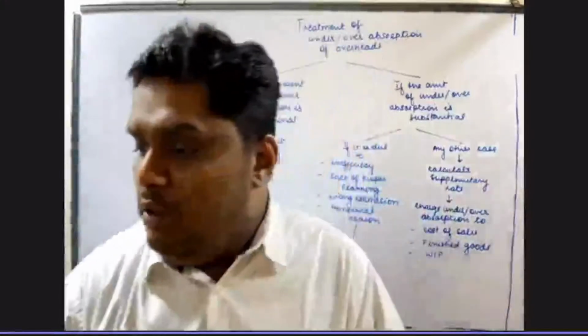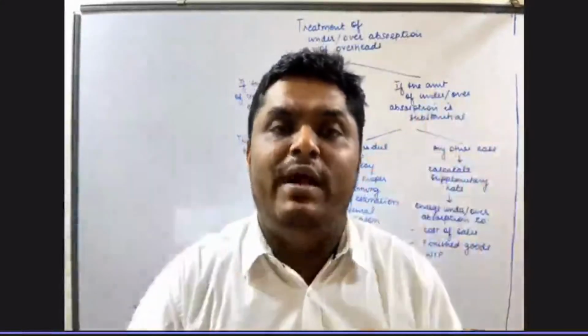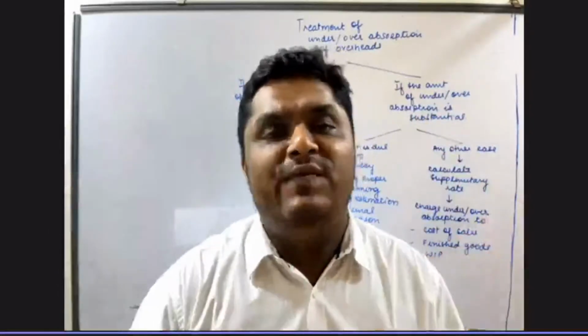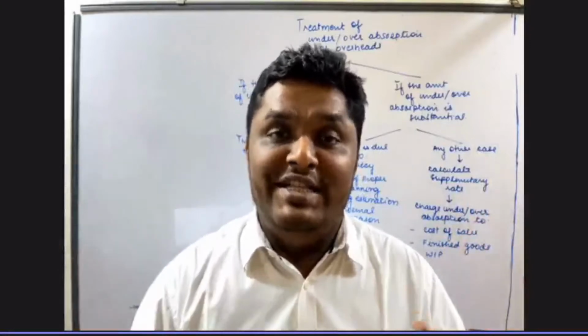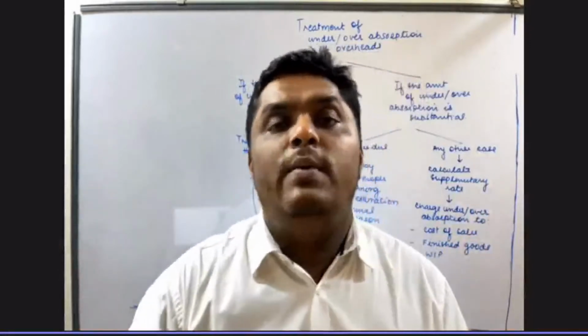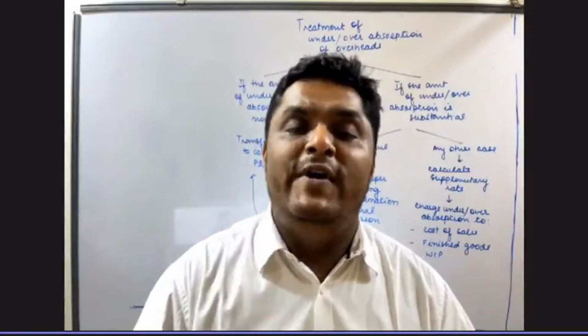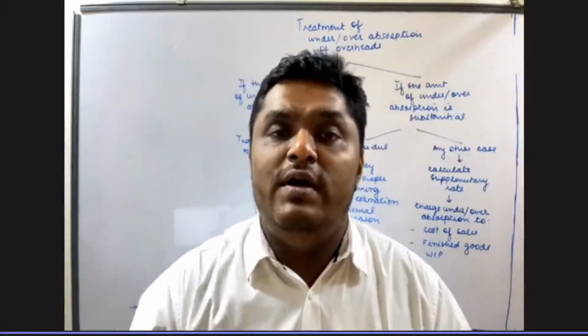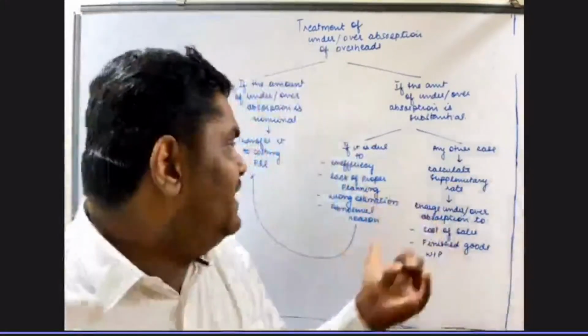So if it is of a very small, nominal amount, whatever the under or over absorption is, transfer it to costing P&L. If it is of substantial amount, then check if it is due to abnormal reasons, lack of proper planning or estimation, or inefficiency of workers, then transfer it to costing P&L.